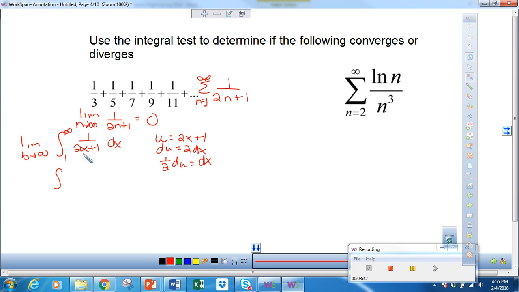I'm not going to put limits there because I'm going to u, and I don't want to mess up my limits. So I'm going to do 1 over u, times 1/2, and integrate that.